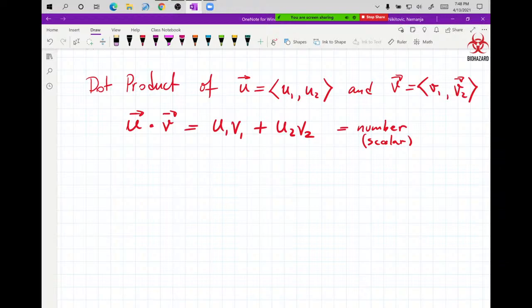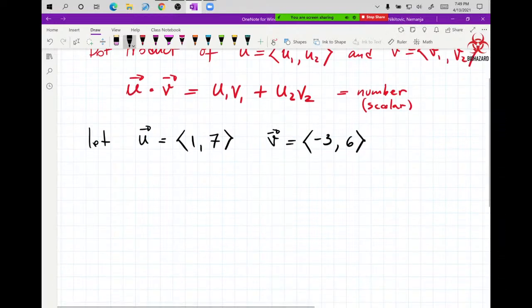So let's find a couple of these dot products and then take a look at the really cool formula that we use for the angle between vectors. But let's first say let u be 1, 7 and v be negative 3, 6.